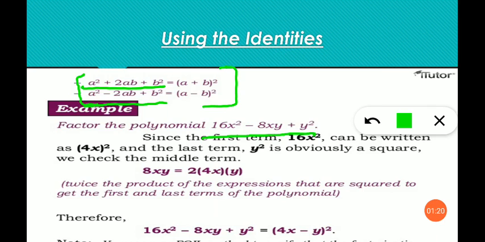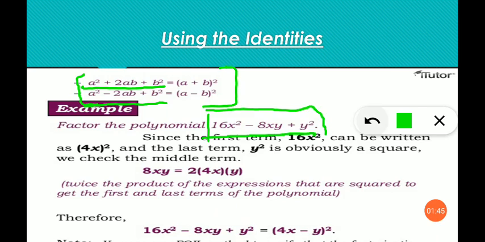For example, if we take the variable as x, in the first term the power of x is 2, in the second term the power of x is 1, and in the third term the power of x is 0. So in this way you have to arrange the polynomial with their powers and variables.